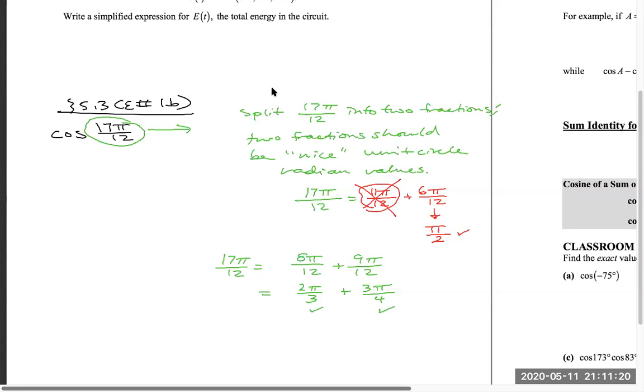Okay, so what we find here is that cosine of 17 pi over 12 can be turned into cosine of 2 pi over 3 plus 3 pi over 4.